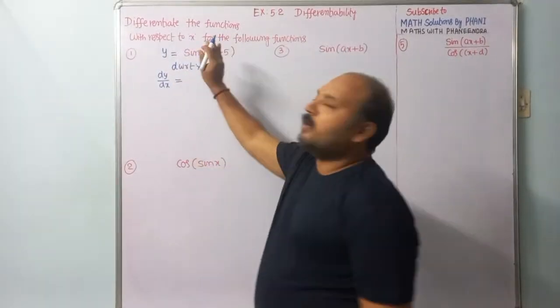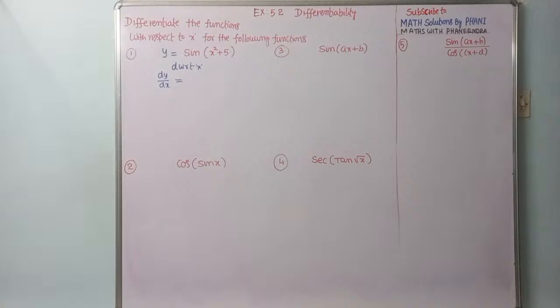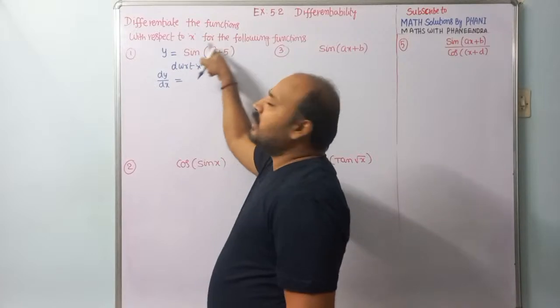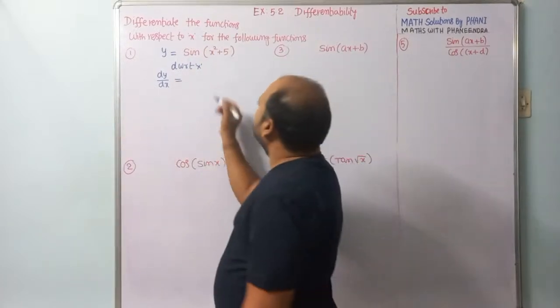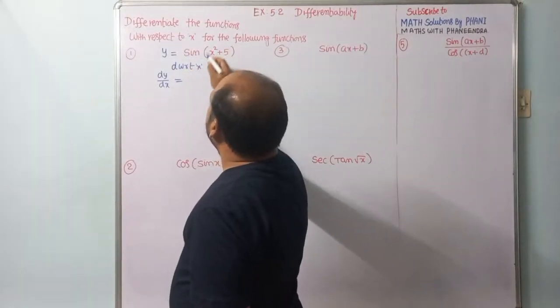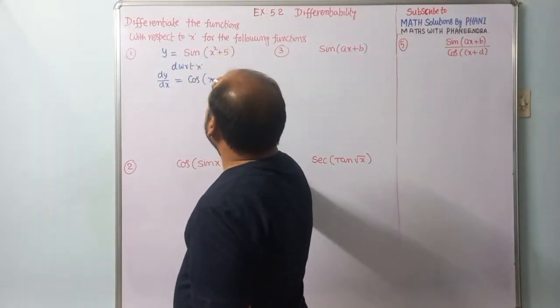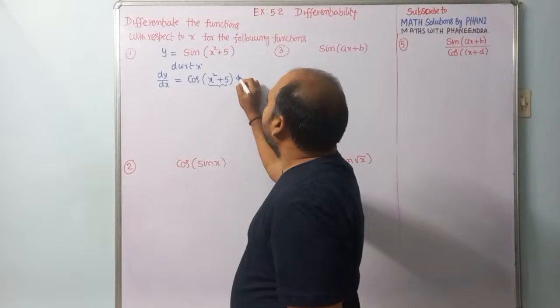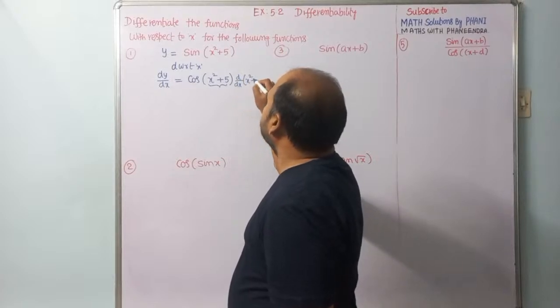It is completely in the form of sin x. d by dx of sin of (x square plus 5) is cos of (x square plus 5). Again, you have to differentiate the inner function, d by dx of x square plus 5.